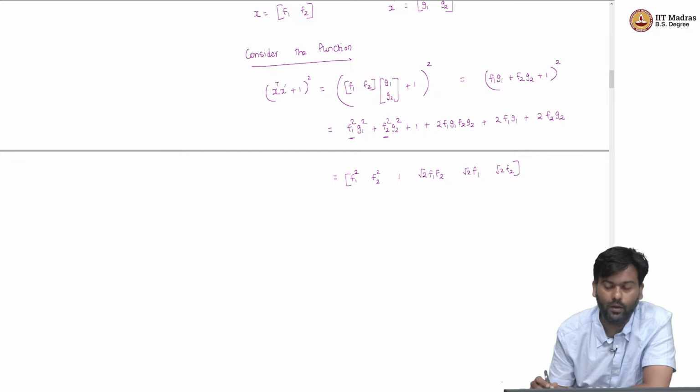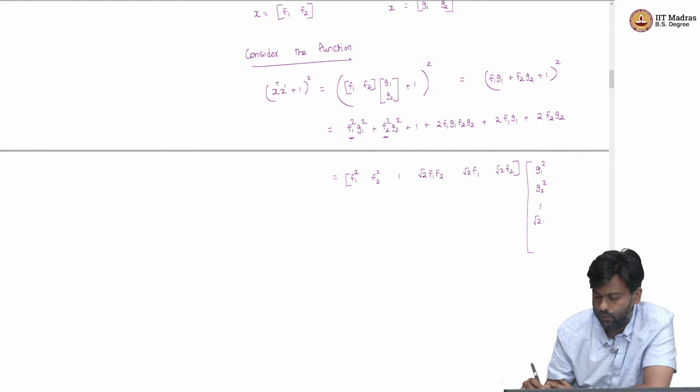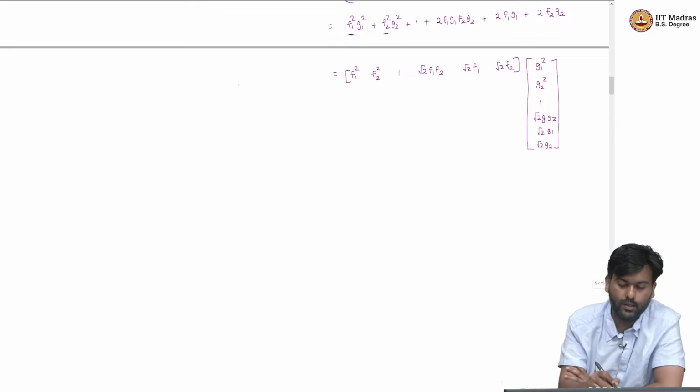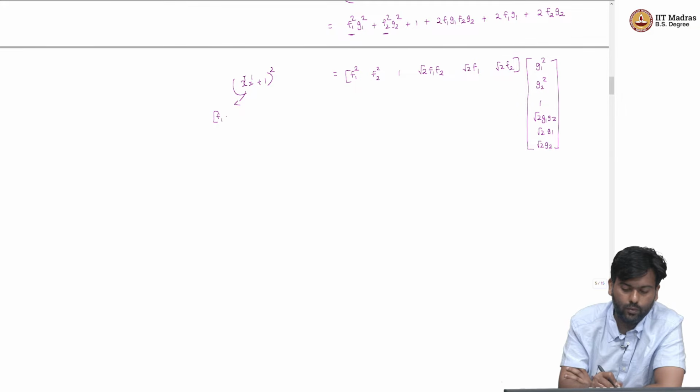I will tell you why the square root. Let us say this is one vector, and now I am dotting this with another vector which is g1 squared, g2 squared, 1, square root of 2 g1 g2, square root of 2 g1, square root of 2 g2. Now you can verify that this dot product is exactly the same as (x transpose x prime plus 1) squared, where x is (f1, f2) and x prime is (g1, g2).